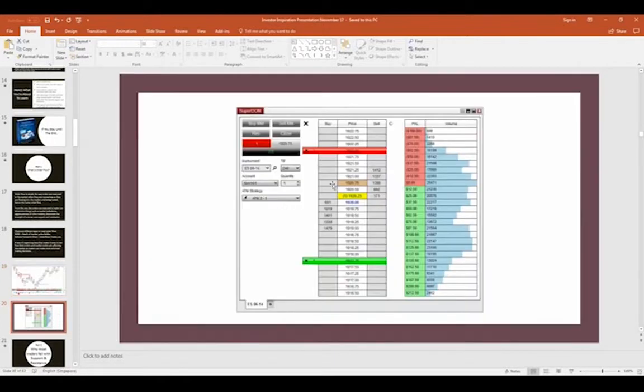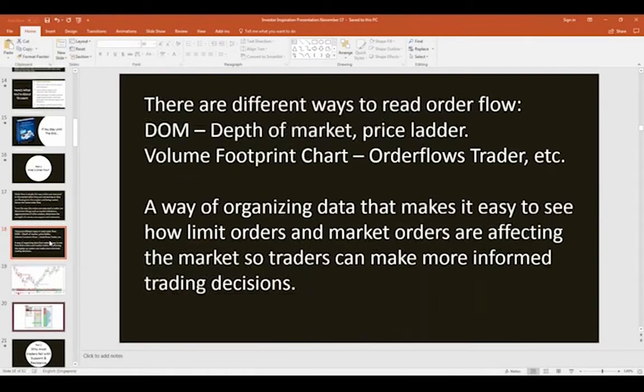I don't really care if someone throws in 50 lots, 50 lots, 50 lots at every price level going on the way up. If they're traded and they got a position on, eventually they're going to have to get out. To me, that's where it becomes important, not just because people are placing orders in and out. And again, there's depth of market, there's a volume footprint chart.